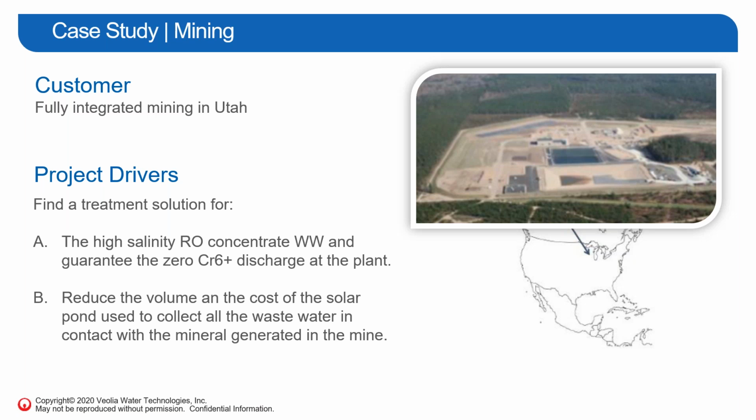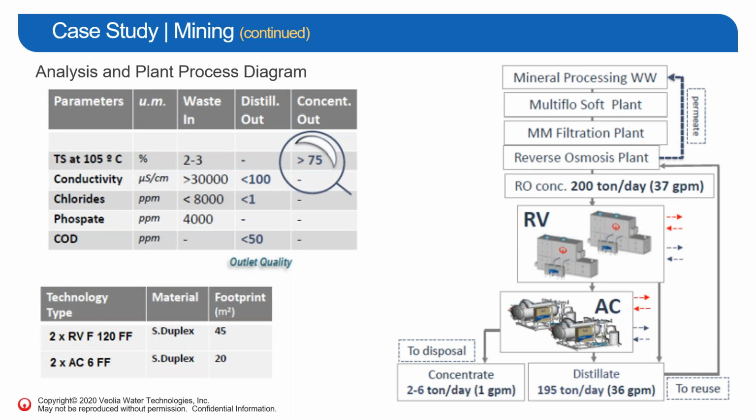In this case, we are talking about a complete chain because we treat the RO concentrate coming from a complete wastewater treatment plant that generates zero liquid discharge of the chromium-6 produced by this mining in Utah. So, as you can see, evaporation is a part of the ZLD, zero liquid discharge plant.